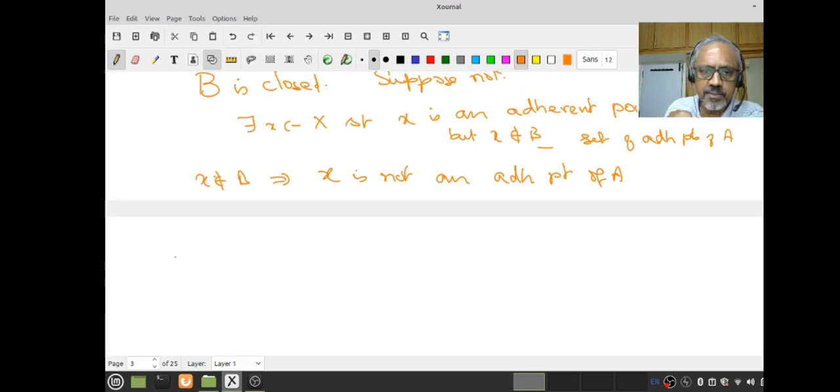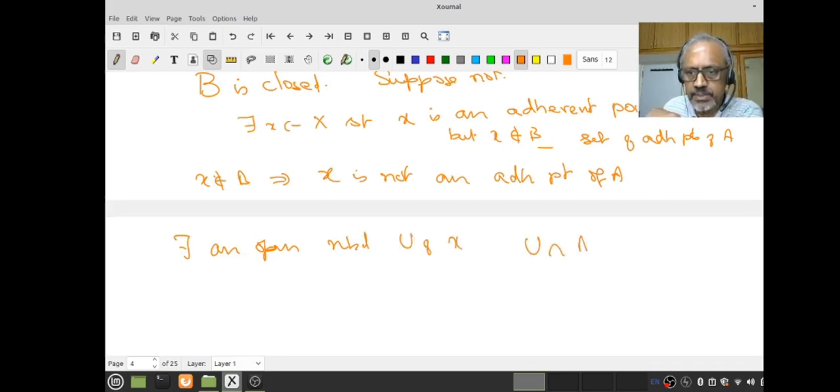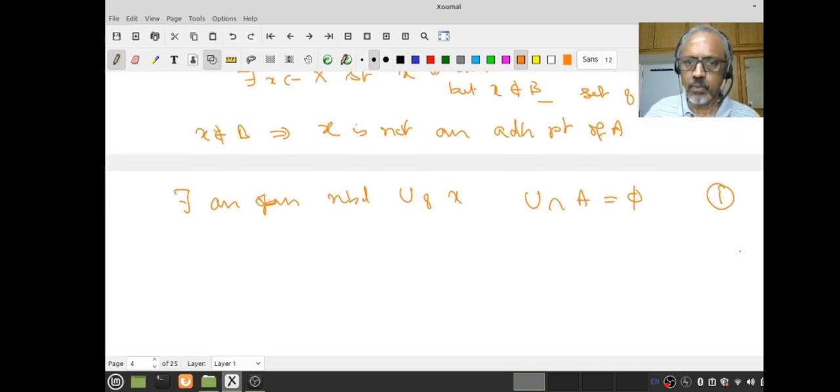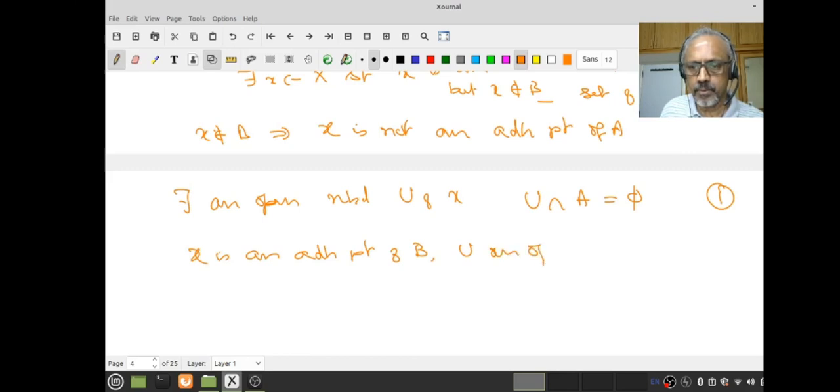If x is not an adherent point, that means there exists an open neighborhood U of x so that U intersection A is empty. Call this one. Now what is x? x is an adherent point of B, and U is an open neighborhood of x.